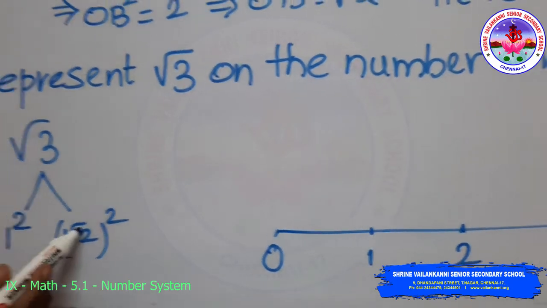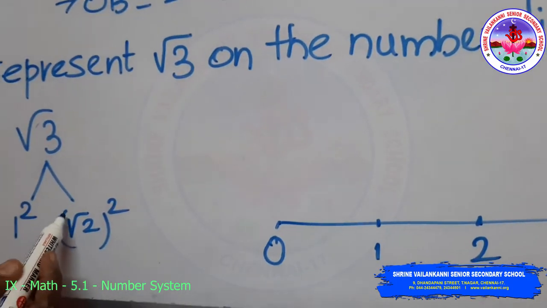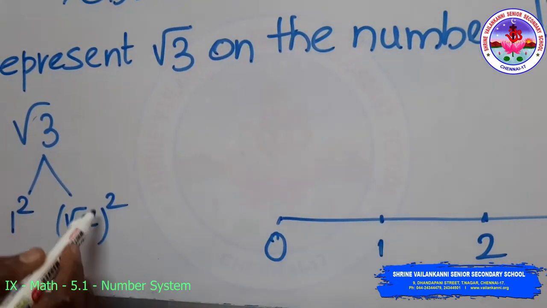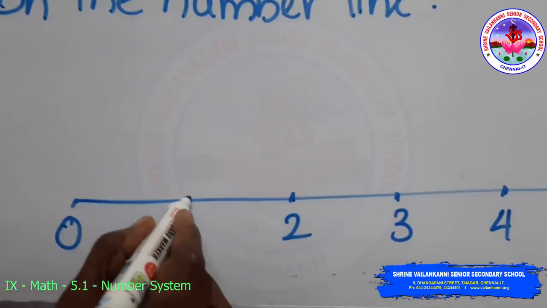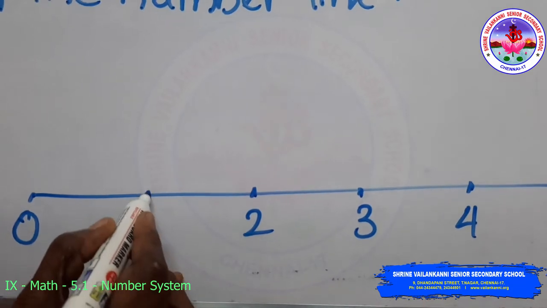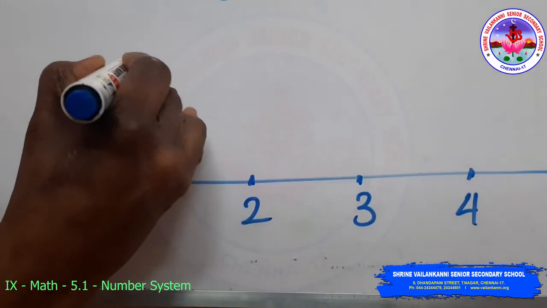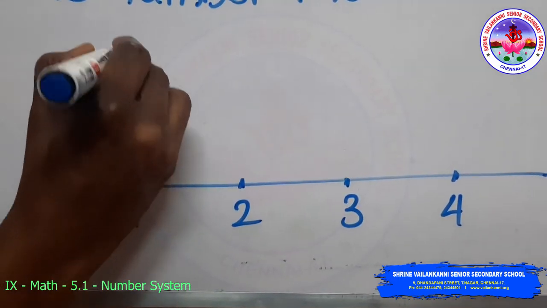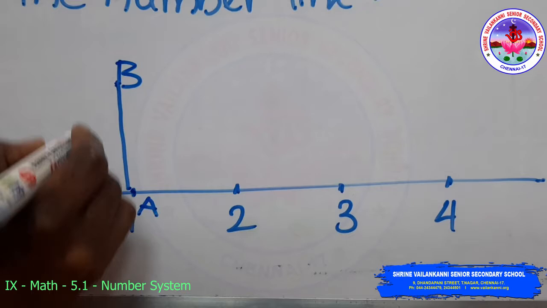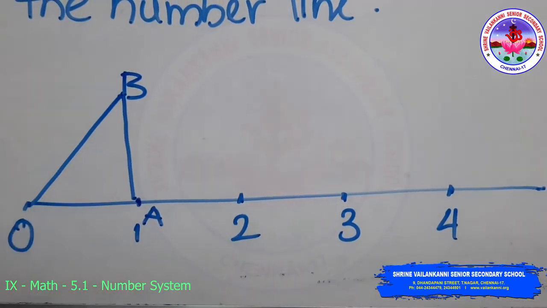For root 2, I am going to draw the previous construction again. I have drawn root 2 as before. I am taking 1 unit of perpendicular distance from the point 1. I am naming this as B and this as A. I am joining this with my OB.